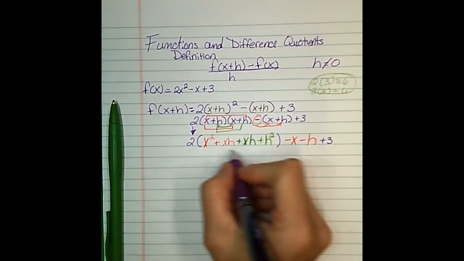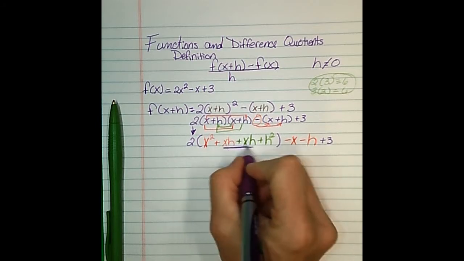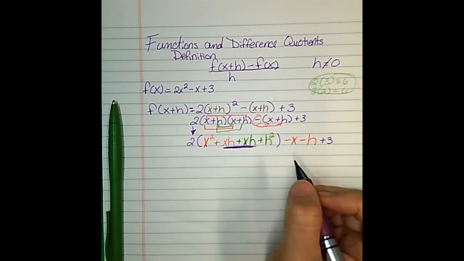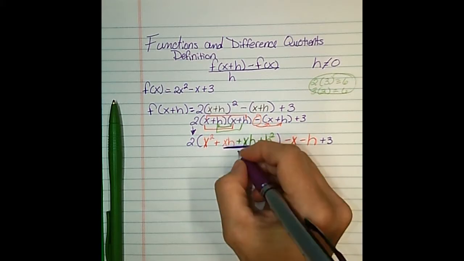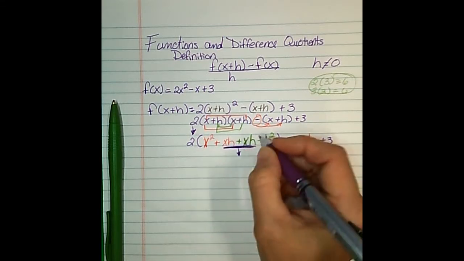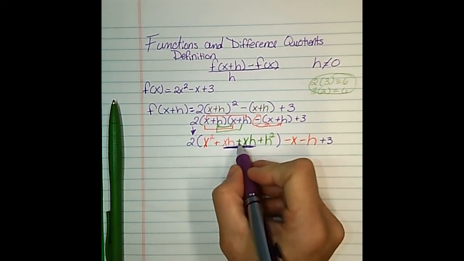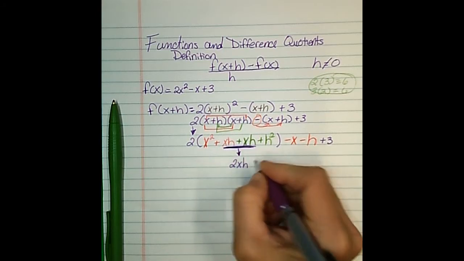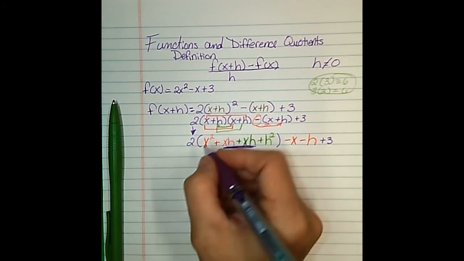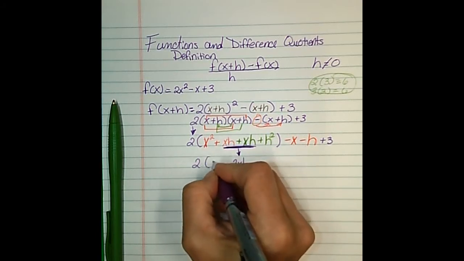One more step before I distribute that 2. Let's clean this up. We're going to combine any like terms, and I notice xh and xh are like terms. So I'm going to read the signs. Positive xh plus xh means I'm going to end up with 2xh, because we're going to add them together. And now let's bring everything else down.